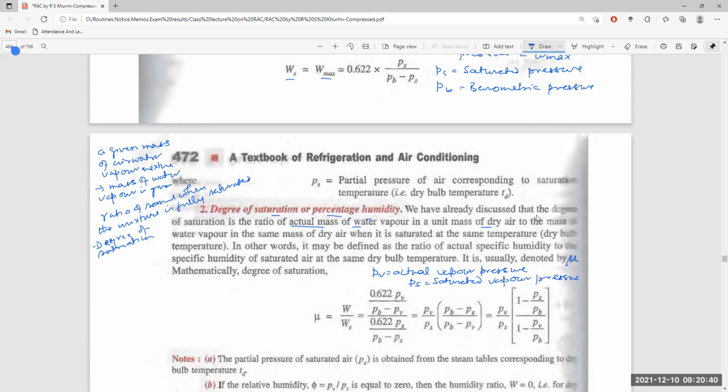This can be simplified to PV divided by PS, times the bracket of PB minus PS divided by PB minus PV, or one minus PS by PB divided by one minus PV by PB.